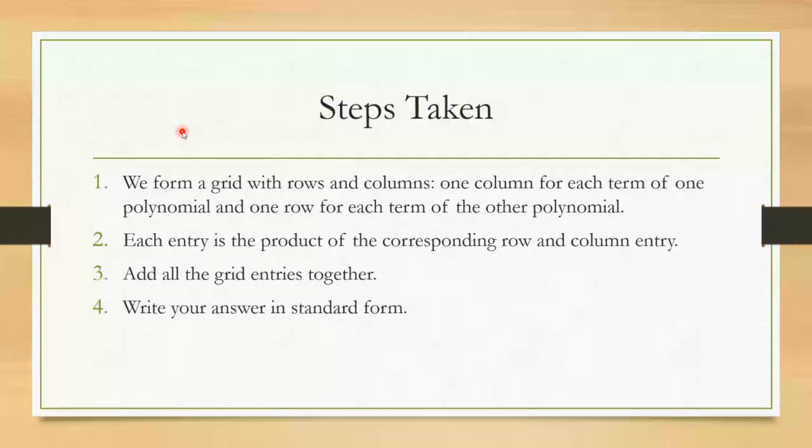To fill in the missing entries in the grid, you multiply the corresponding row and column entry. Then you add up all the grid entries together. That's how you get the product. And then, of course, it's good to write your answer in standard form. Really, both methods are based on multiplying monomials and distributing. I just think the grid method is a little more visual.